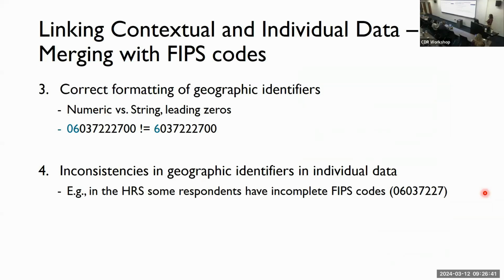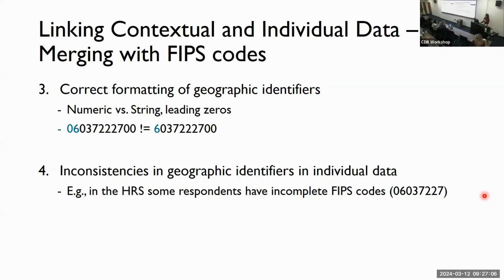Okay, so number 3, when you get to merging your contextual and individual data, using those FIPS codes and those geographic identifiers, a really common hurdle or mistake that we see new users make, especially, is inconsistencies with formatting of your FIPS code across your contextual data set and your individual level data set.